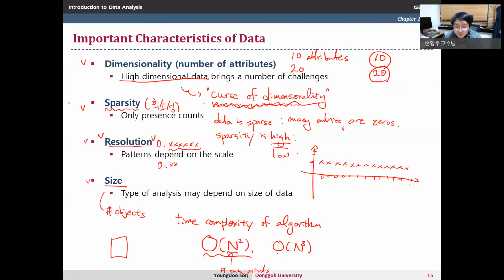Or if the algorithm is O of n cubed, then if the number of data becomes twice, the time requirement increases 8 times.